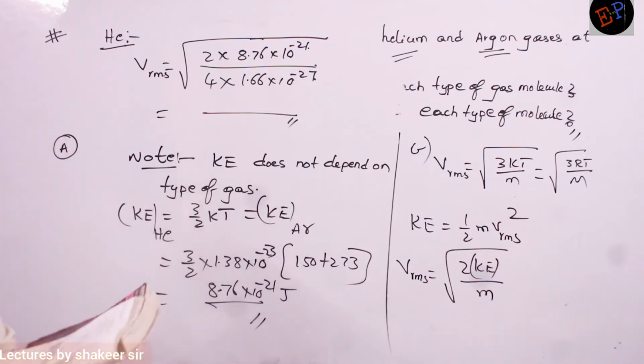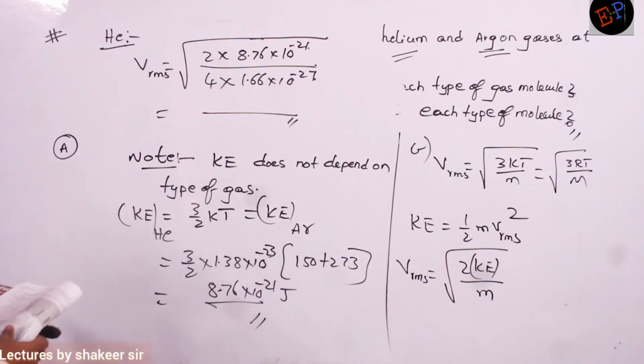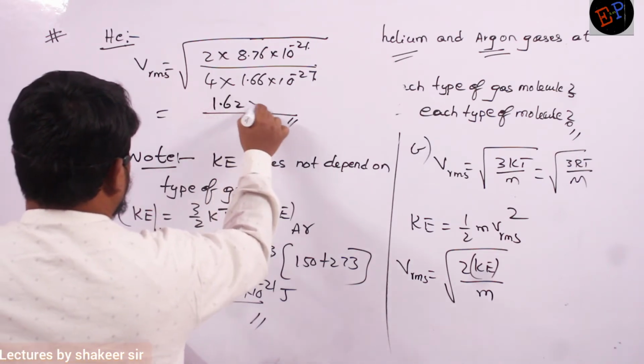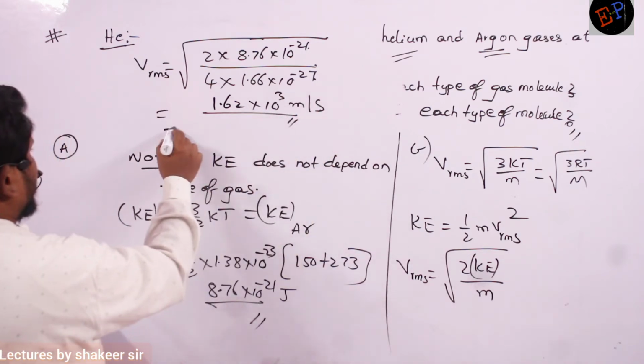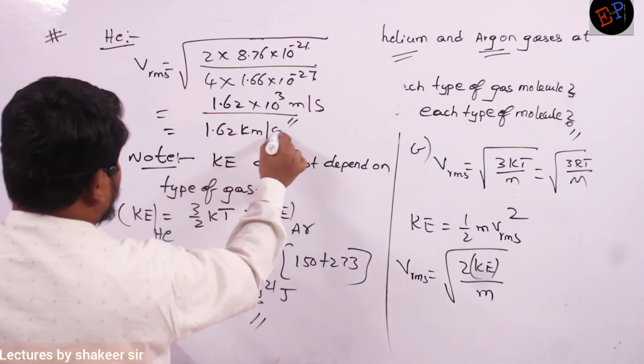RMS speed of helium is 1.62 into 10 power 3 meters per second, or you can write 1.62 kilometers per second.